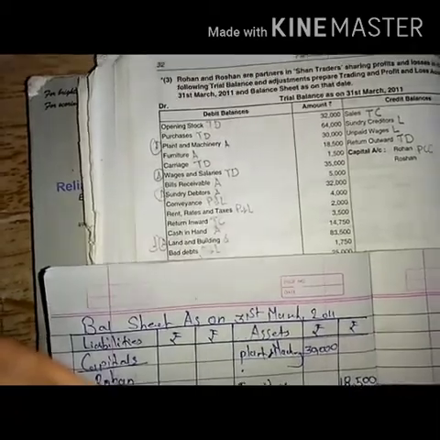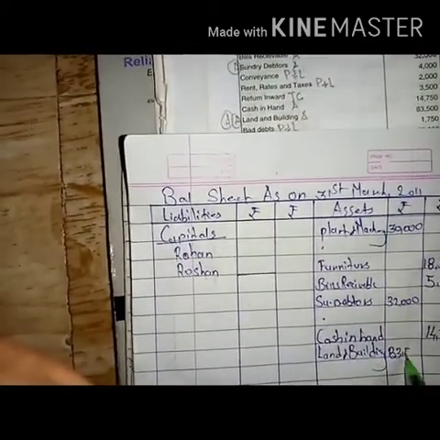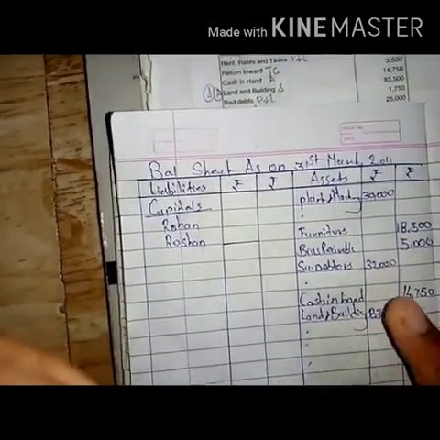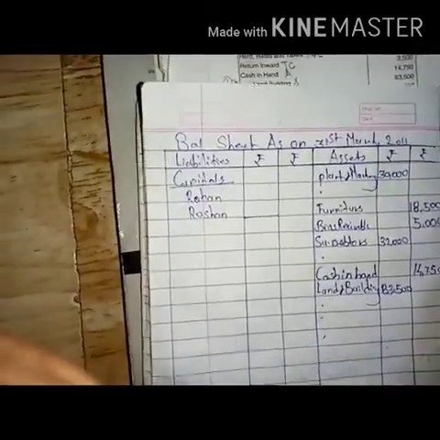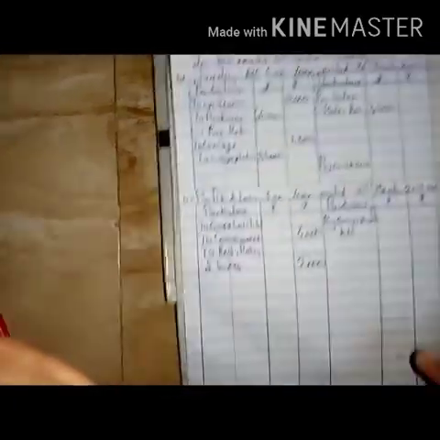Land and building 83,500 and it had adjustments. It had two adjustments, so we are going to leave 3 lines for it. Second last, bad debts.